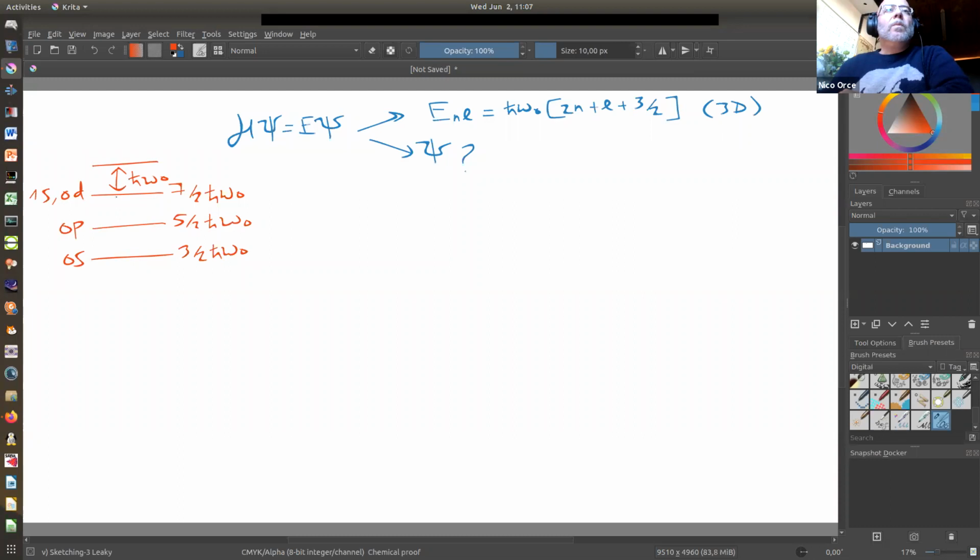And this is always the equidistant energy between different levels, different floors. As we mentioned yesterday, this is a building, right?